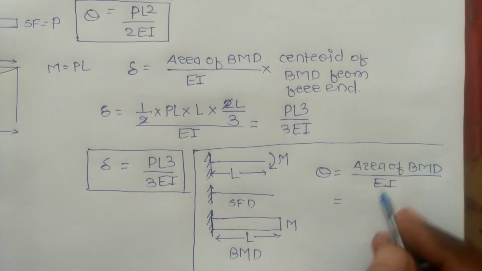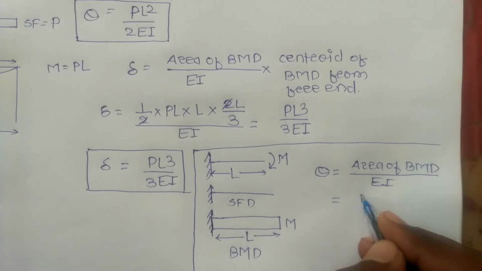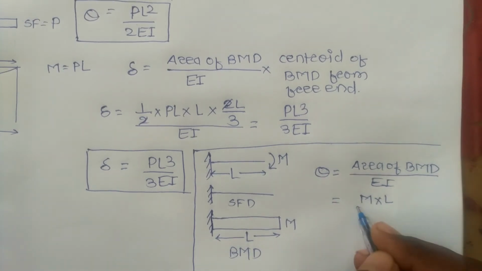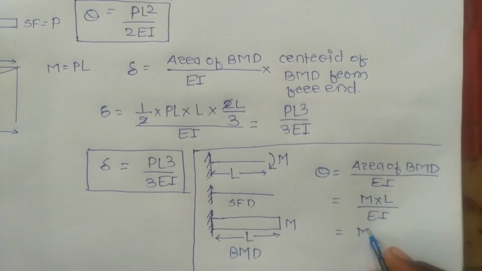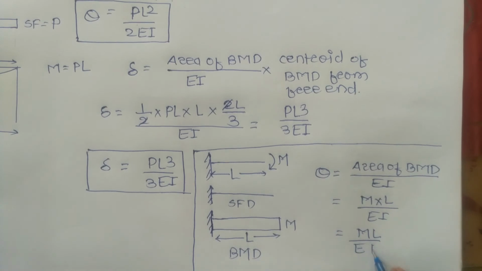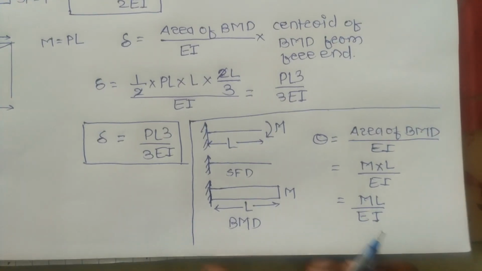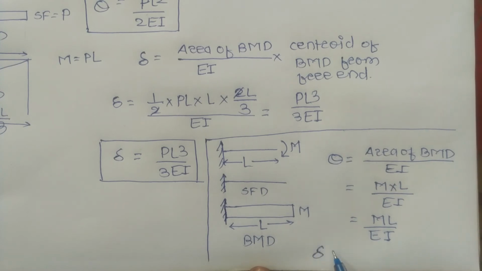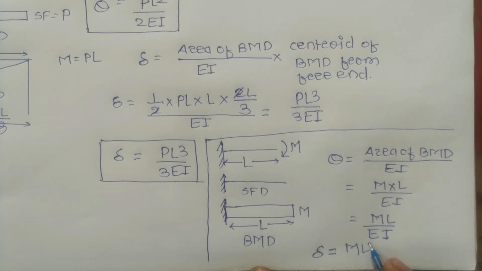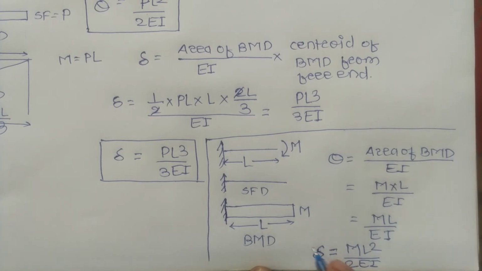The area is M into L, so the slope is ML by EI.